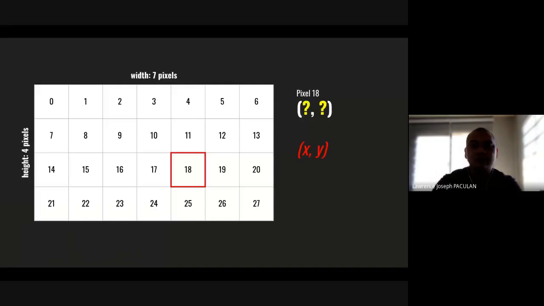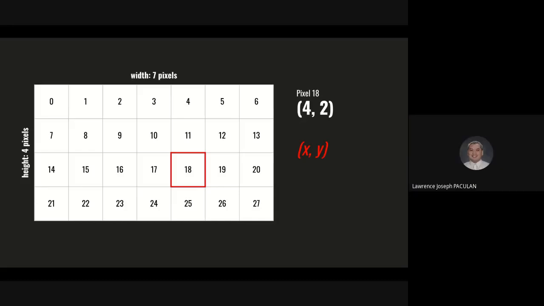Next, how about pixel 18? You can pause the video again so that you can guess before I reveal the answer. The answer is 4, 2. Pixel 18 is located at coordinates 4, 2.